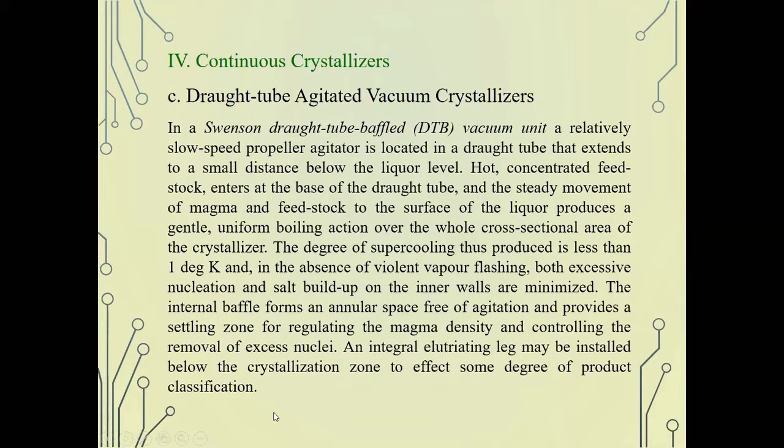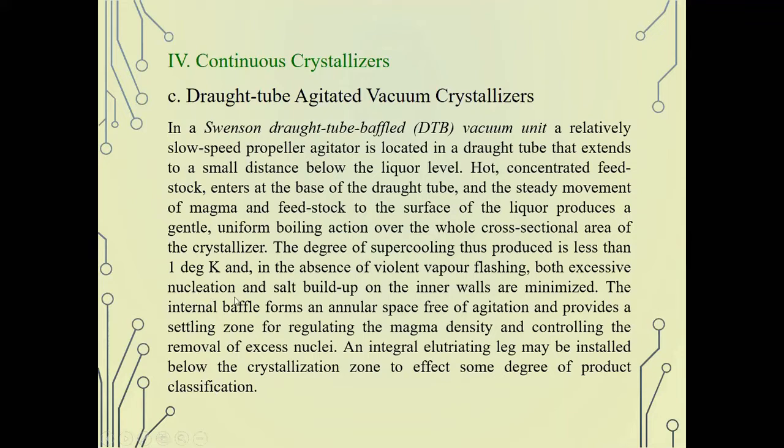So in the case of this DTB, a modification of the Swenson draught tube, you have some form of an agitator that extends well below the liquor level. The purpose is, of course, for your magma to be well agitated at all times, minimizing the excessive growth of new nuclei.